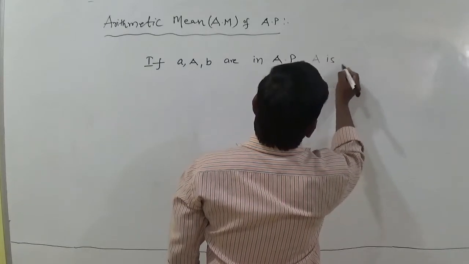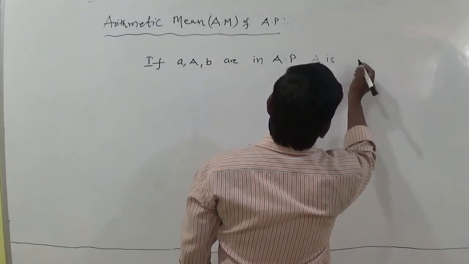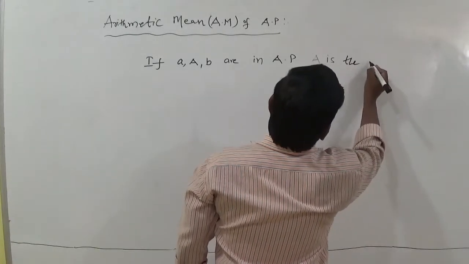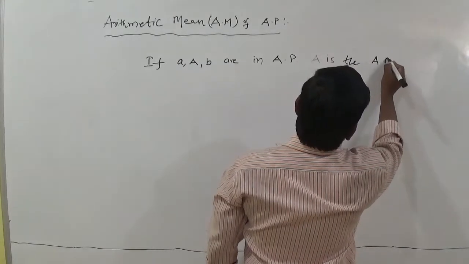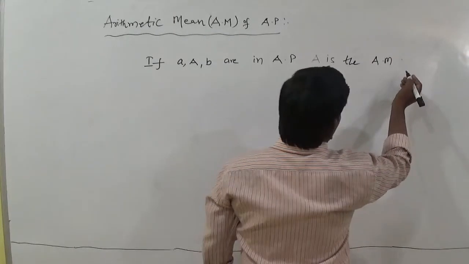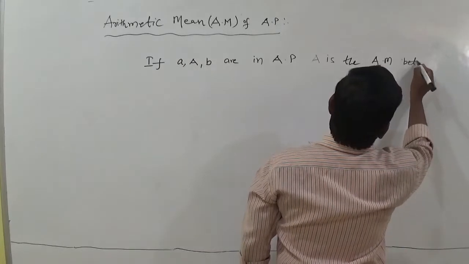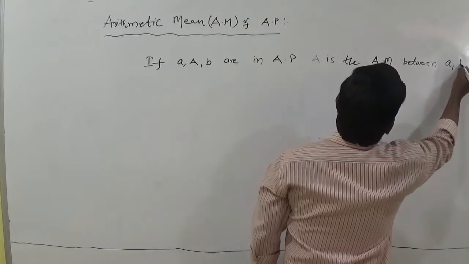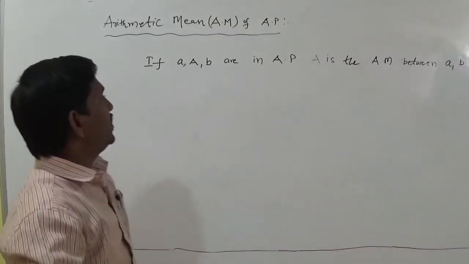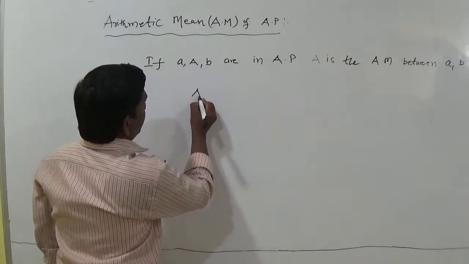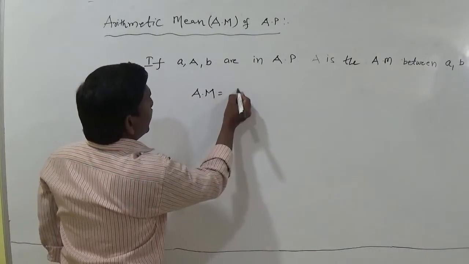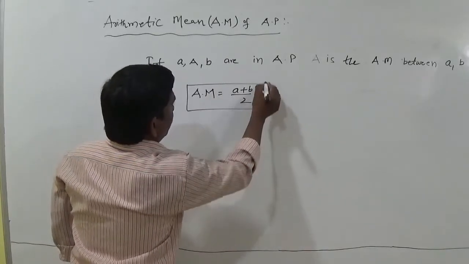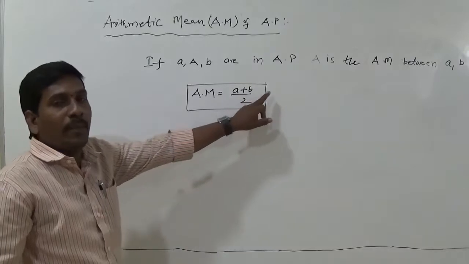then A is the arithmetic mean between a and b. So arithmetic mean AM equal to (a plus b) by 2.